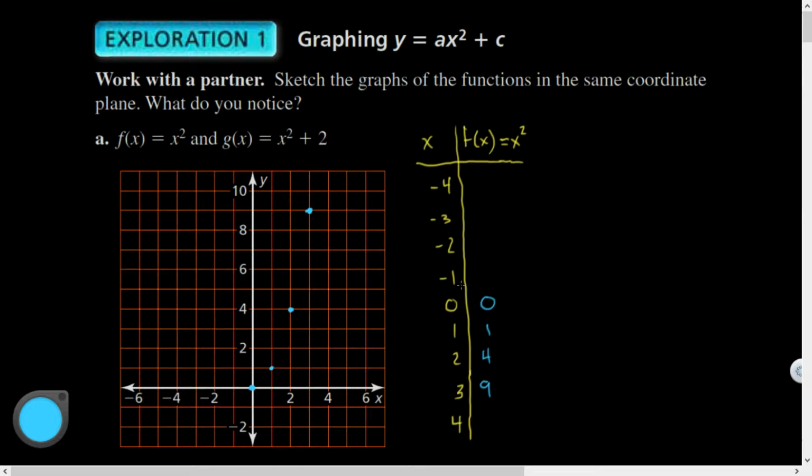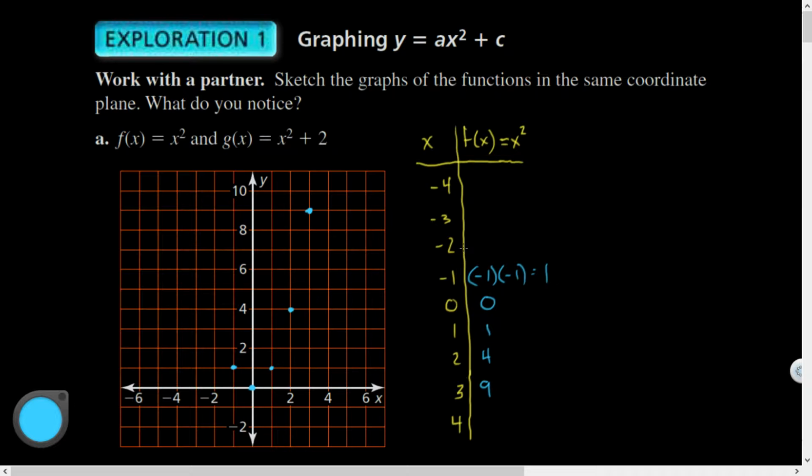Now, how about that -1? All right. -1 all squared means -1 times -1. So it's going to be +1. So that means the point -1 for x and +1 for y is going to be right here.